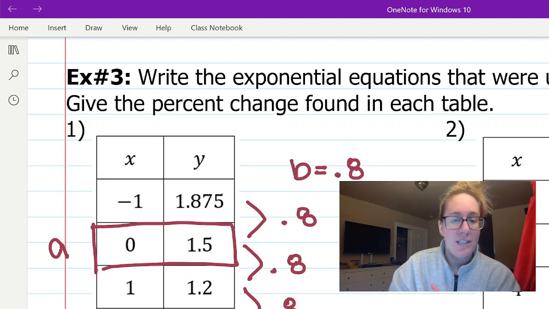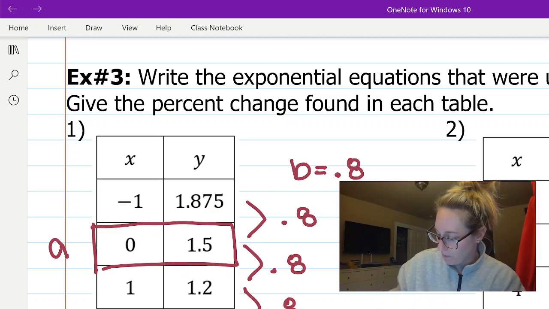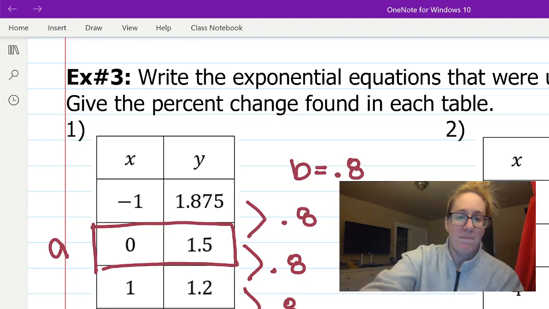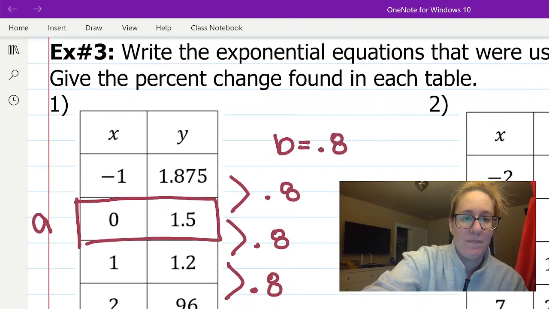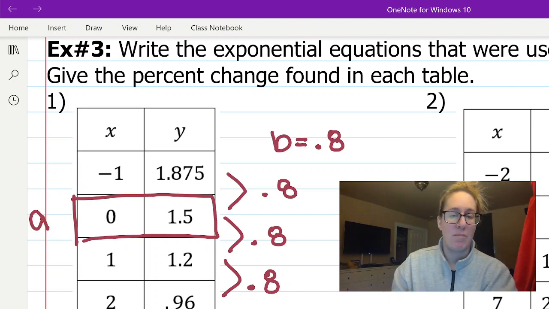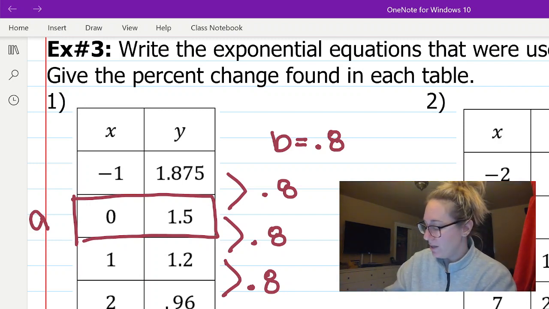We just now have to figure out what it decreases by. So we take our 1.0 and subtract that 0.8, and that gives us 0.2. Now remember, we're going to take that 0.2 and multiply it by 100, and that's going to give us our percent decrease.